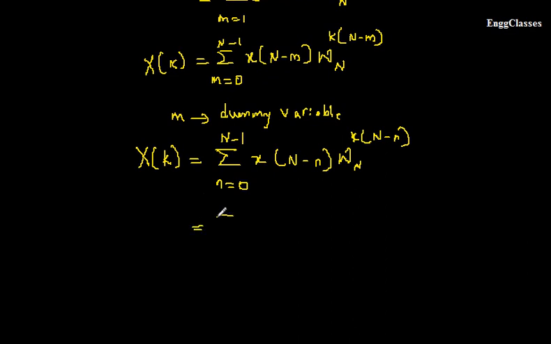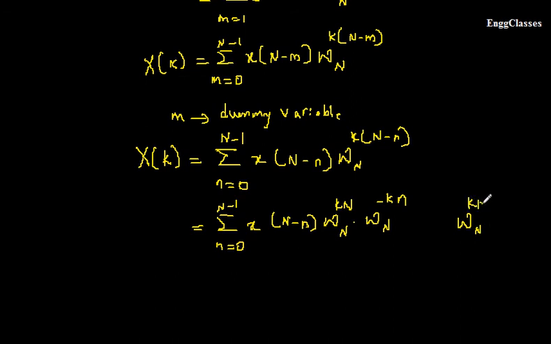I will write summation n equal to 0 to N minus 1, x of n minus n, W_N to the power k into capital N, into W_N to the power minus k into n. Is this fine? Now I could write W_N to the power k into capital N is equal to 1.